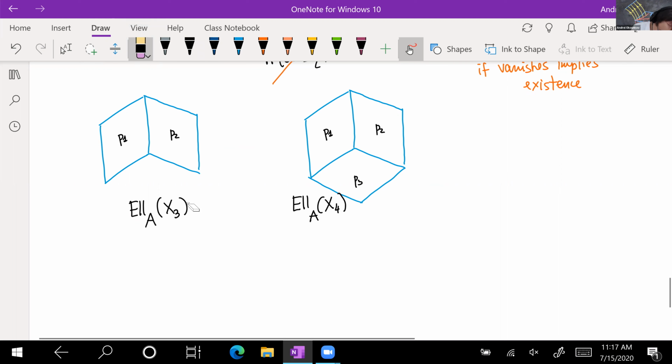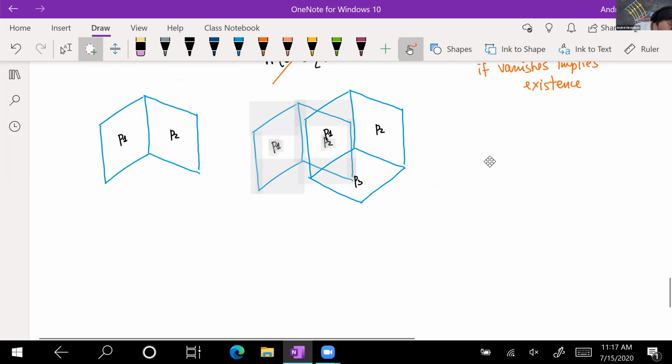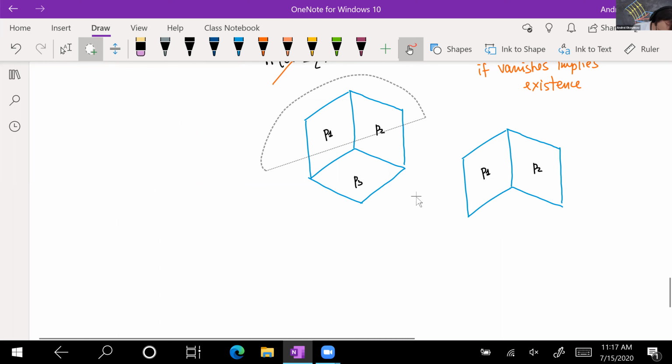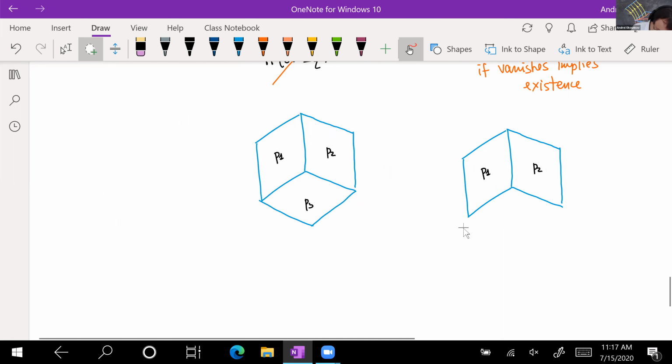I'll draw the opposite map on functions. So there is this map. Why don't I move this thing here so that it is positioned the way I'd like it to be positioned.